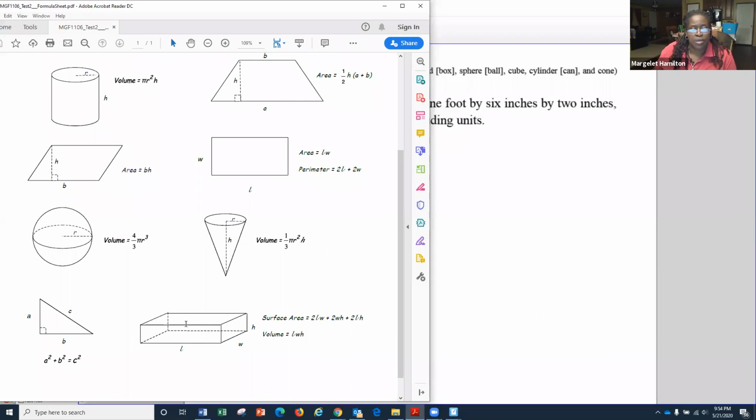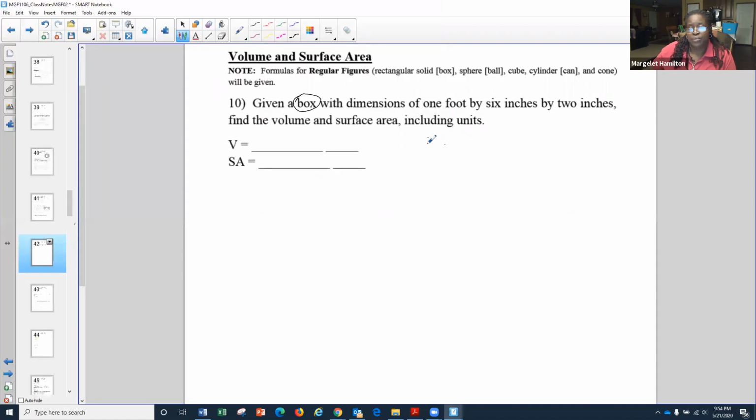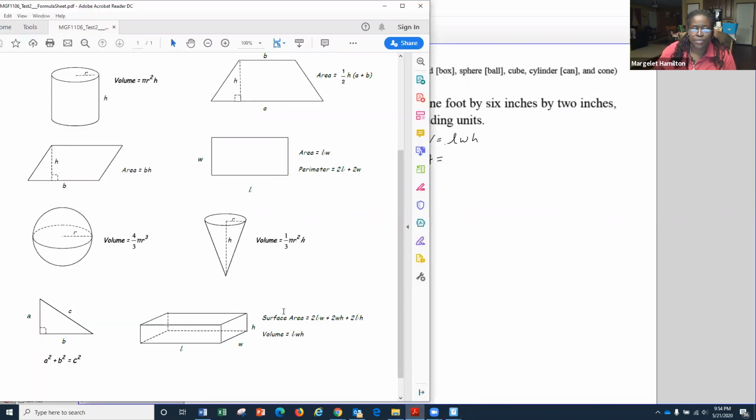Here it is. So they want us to find the volume and surface area. So here's the formulas. Let's write them down. So we have volume equals length times width times height. And then surface area equals, paying attention that you have 2 times length times width plus 2 times width times height plus 2 times length times height.